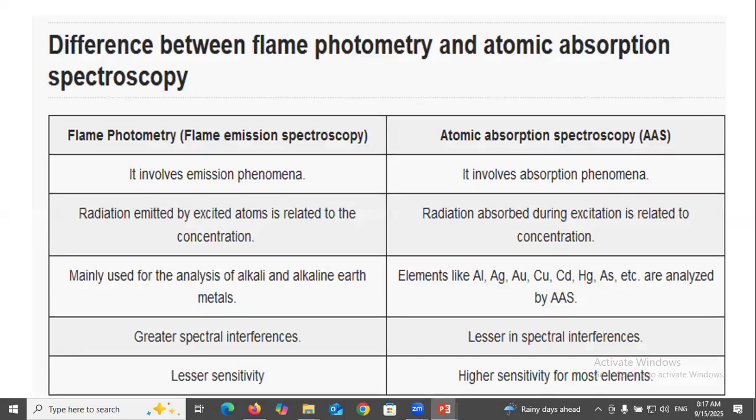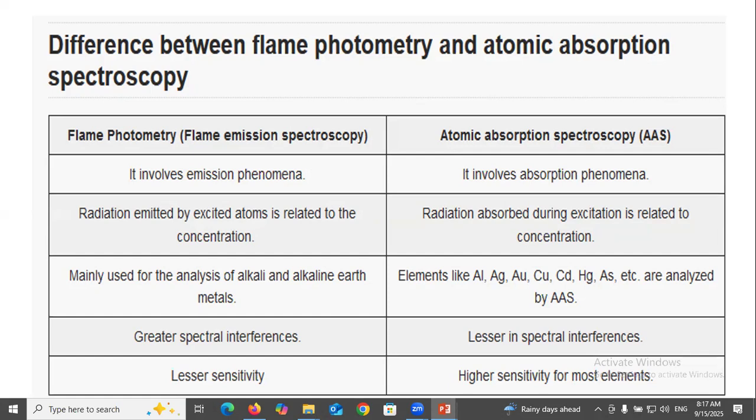Difference between flame photometry and atomic absorption spectroscopy: flame photometry or flame emission spectroscopy involves emission phenomena, but atomic absorption spectroscopy involves absorption phenomena. Radiation emitted by the excited atoms is related to the concentration. Radiation absorbed during the excitation is also related to the concentration. Flame photometry is mainly used for the analysis of alkali and alkaline earth metals.